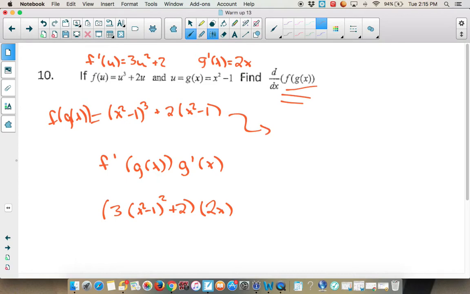If I had gone ahead and done the substitution in first, that's going to be 3 times x squared minus 1 quantity squared plus 2 times 2x. And you can see that your end result is going to be the same.